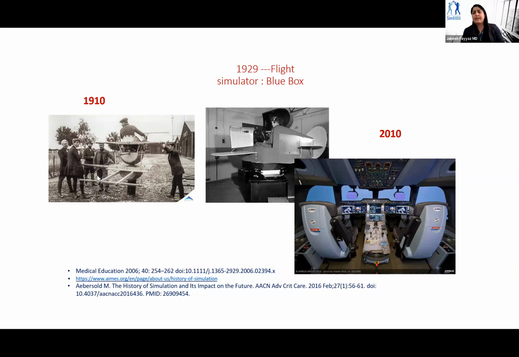I would say it is only about 100 years, and in 100 years we have gone from a wooden simulator to virtual reality, and now the technology boom is here, and you must have heard about artificial intelligence, augmented reality, and many other forms of technology which are coming.